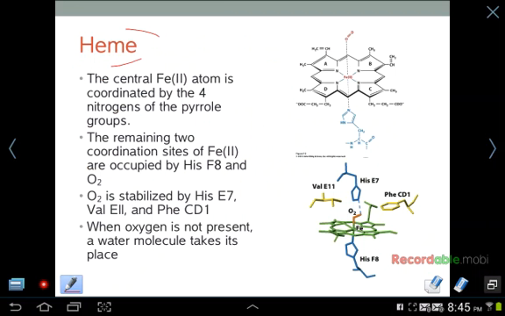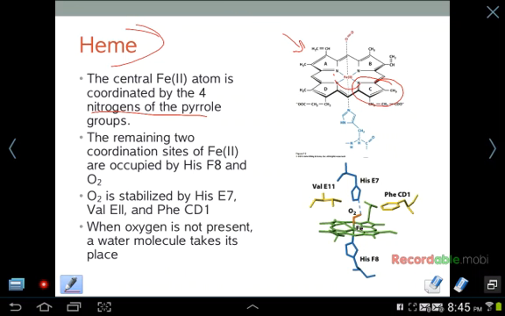So let's talk about the heme. The heme is actually also called a porphyrin that has an iron coordinated by the 4 nitrogens of the pyrrole rings. So here's one of our pyrrole rings. You see we have 4 nitrogens at the corner of each of the iron 2 atoms.